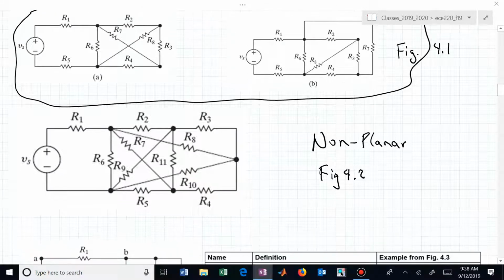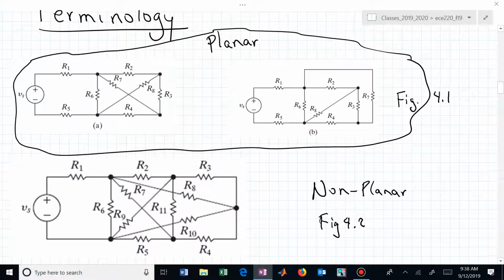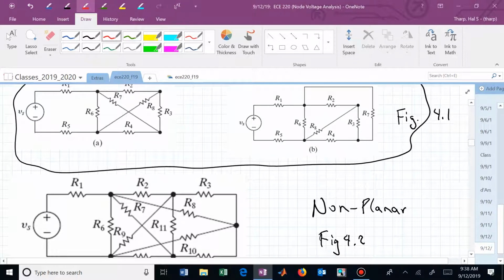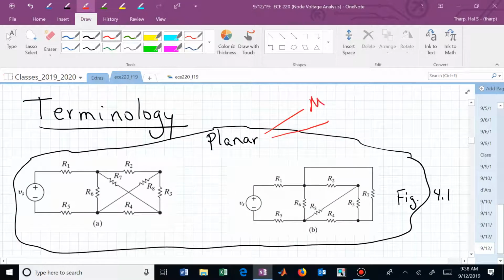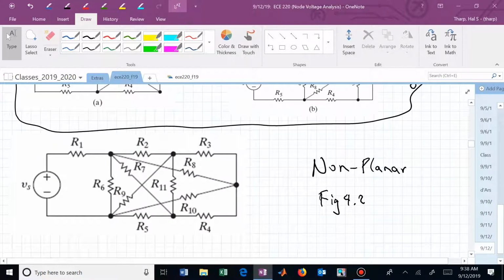Why does this matter? It matters because we can apply both of our strategies that we will be learning. Mesh current analysis and node voltage analysis can be applied to planar circuits. But mesh current analysis, which is the next analysis strategy that we will look at, cannot be applied to non-planar.